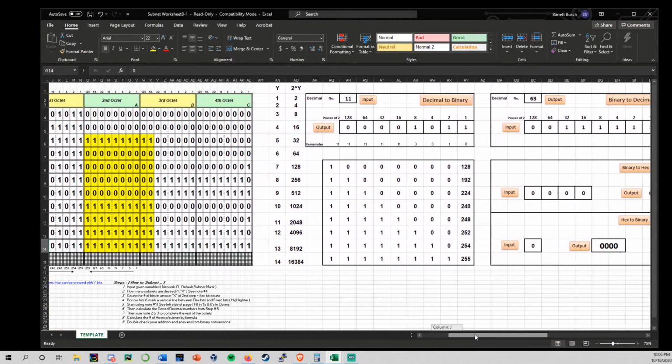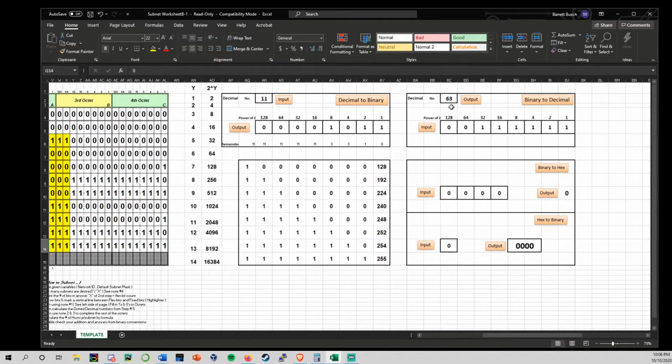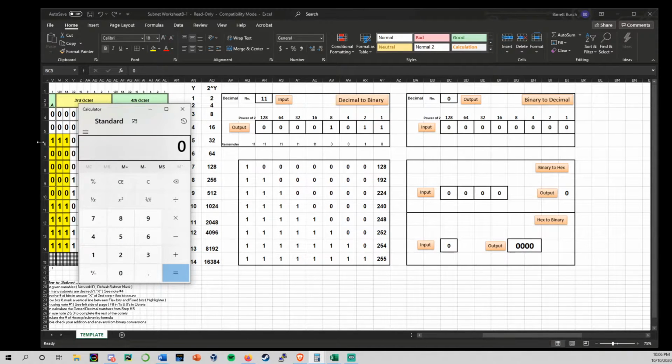And so yeah, just a reminder on that one, it was a bit harder. Remember, you could use the binary to decimal over here. Basically just enter in the combination of binary and it will automatically give you the decimal. Another tip actually is using the calculator.